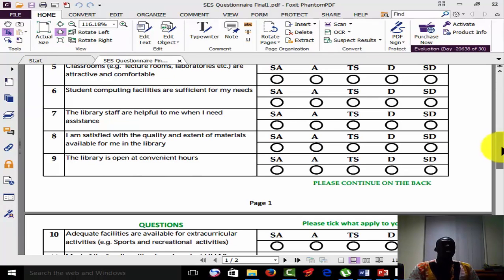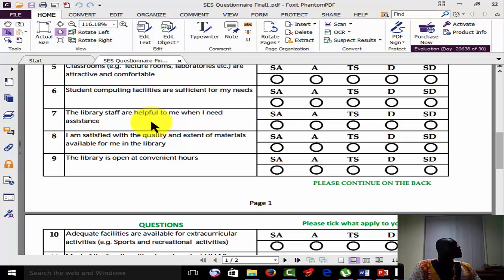So for example, if you look at question 7 down: the library staff are helpful to me when I need assistance. I am satisfied with the quality and extent of material available for me in the library. The library is open at convenient hours.